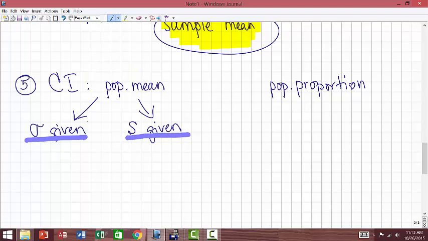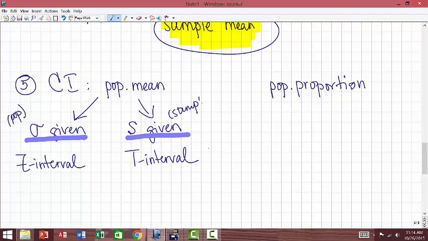If we have sigma, then we use Z interval. If we have S, we use T interval. Usually it is pretty clear which one is which if you read the problem very carefully.